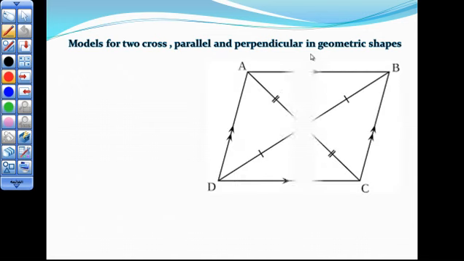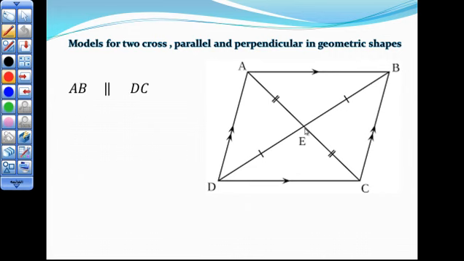Okay, let's go. Models for two crossing lines, parallel lines and perpendicular lines in geometric shapes. Can you see this? This is a model containing the three cases that we have learned: crossing or intersecting, parallel, and perpendicular.